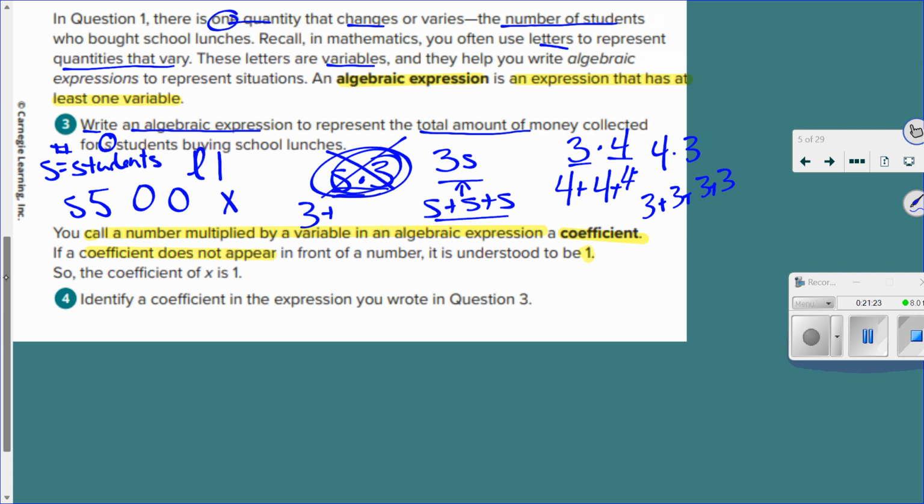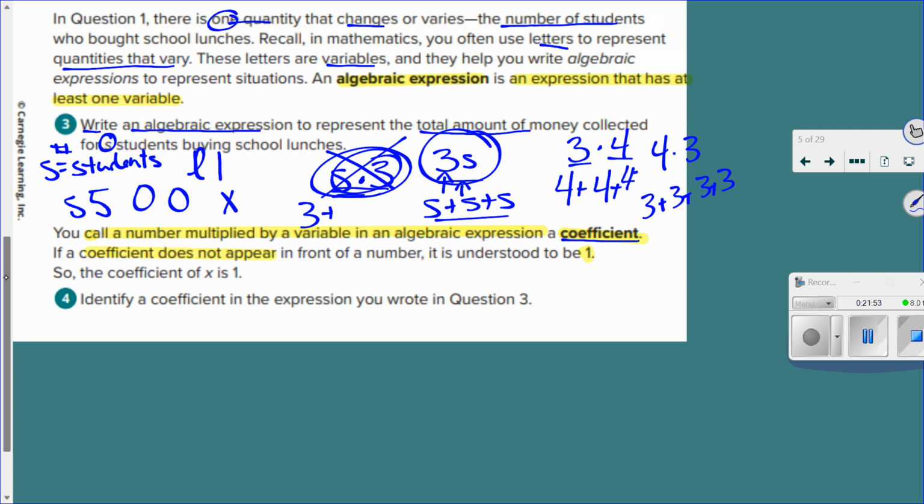In this term, my coefficient is 3. That's the number that comes with it. In a multiplicative algebraic expression, my coefficient must always come before my variable. Why? Because it's the only way I can model it. It's the only way it makes sense mathematically.